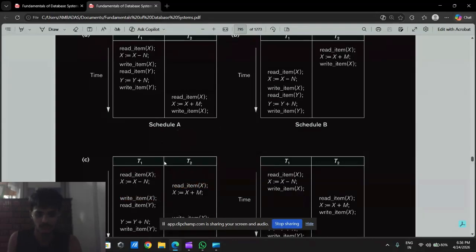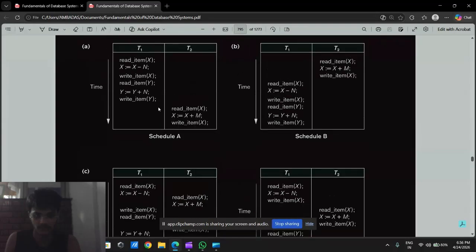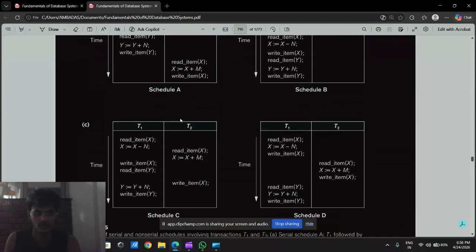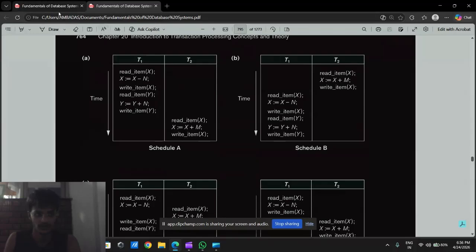So here in transaction T2 for schedule C, write item X is coming before read item X, which is coming before write item X, and it's different. If we see the same in the other schedule, it varies here. So from here we can conclude that these both are not conflict equivalent, and we cannot reorder to get schedule A.